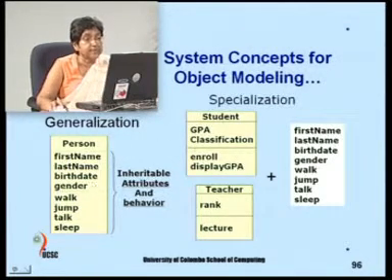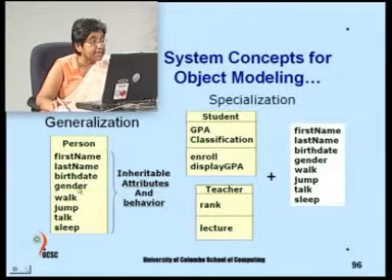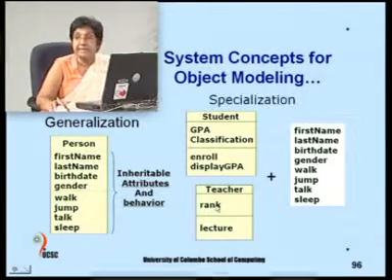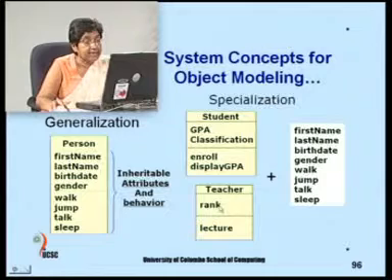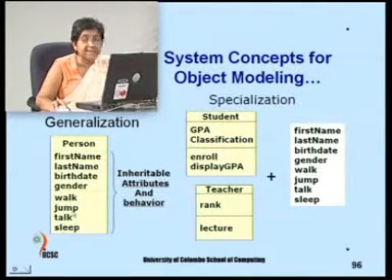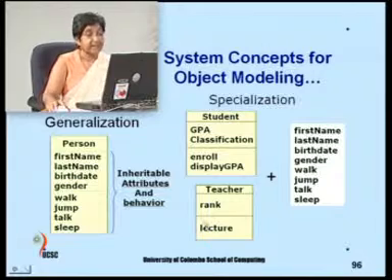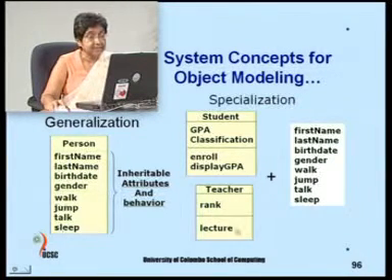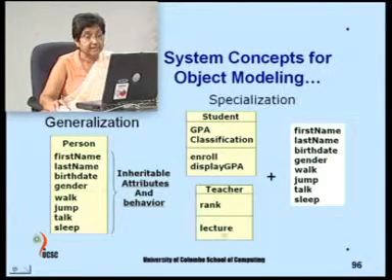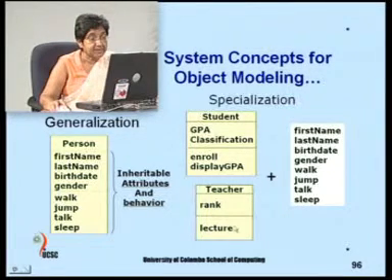So, we have the supertypes, we have the subtypes, and similarly the teacher will inherit these attributes, plus they will have another attribute to describe themselves as rank. And in addition to walking, jumping, talking and sleeping, the teacher can also lecture, which cannot be inherited by the person, because this is only a subtype under the supertype, and this method or behavior cannot be inherited by the student, because this is unique only to this subtype.